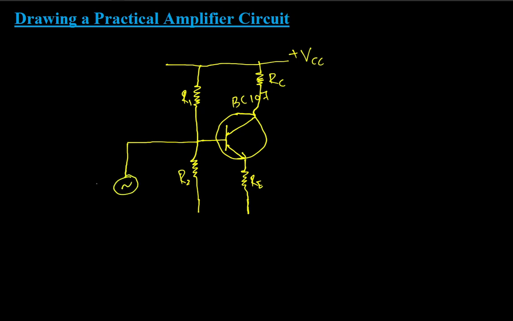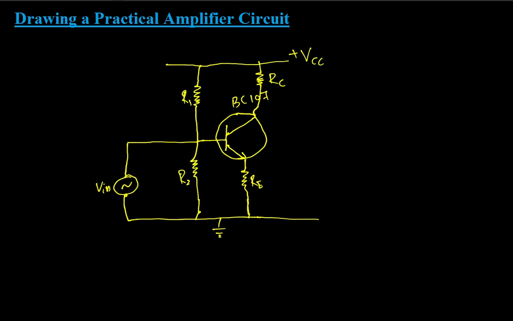Let's say Vin is the input signal, and this part is the common ground. It is the negative terminal of the source. VCC is connected here.